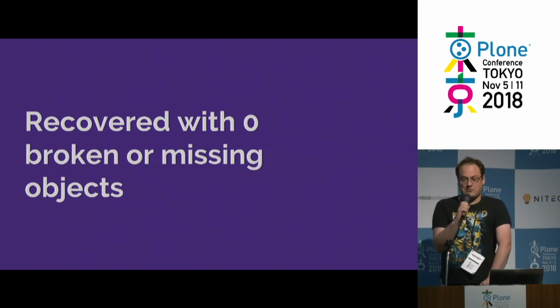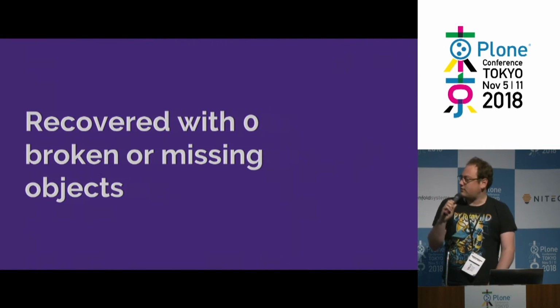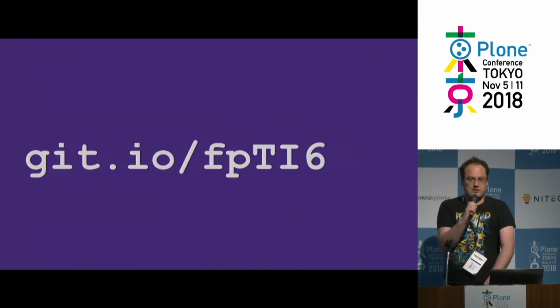So you managed to run this, and it recovered with 0 missing objects in about 40 minutes for a 60 gigabyte Data.fs. And there's a GitHub gist, so if you ever have this problem, you can try this script and hopefully it will help. But yeah, good luck if you're in this situation, and hope your clients don't recover things themselves.